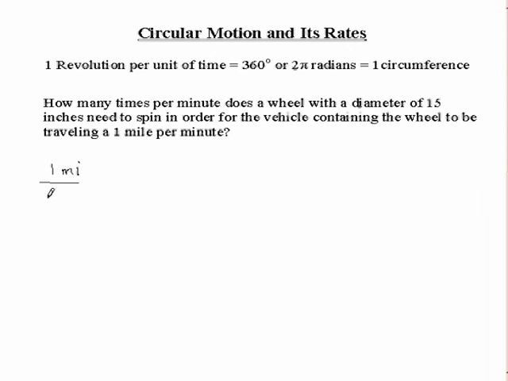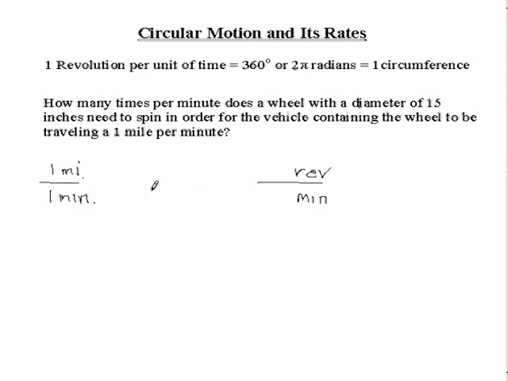We've got 1 mile in 1 minute. That's a linear measurement, and we want to turn that linear miles per minute measurement into times per minute that the wheel spins. So we want to end up with a label of revolutions per minute.